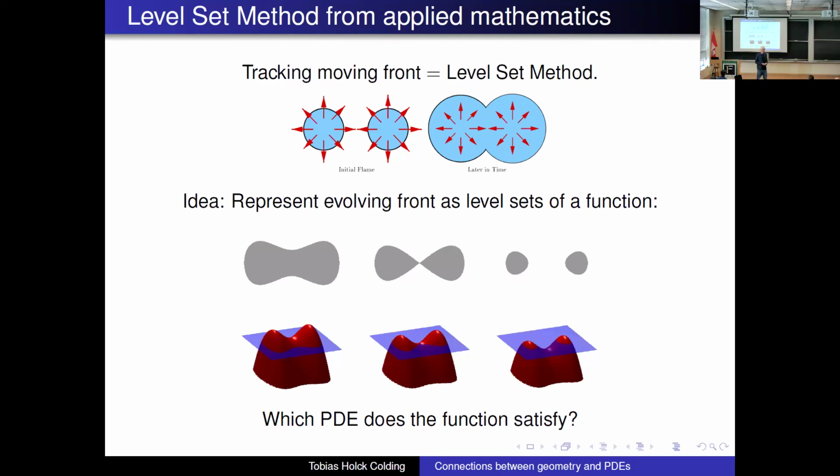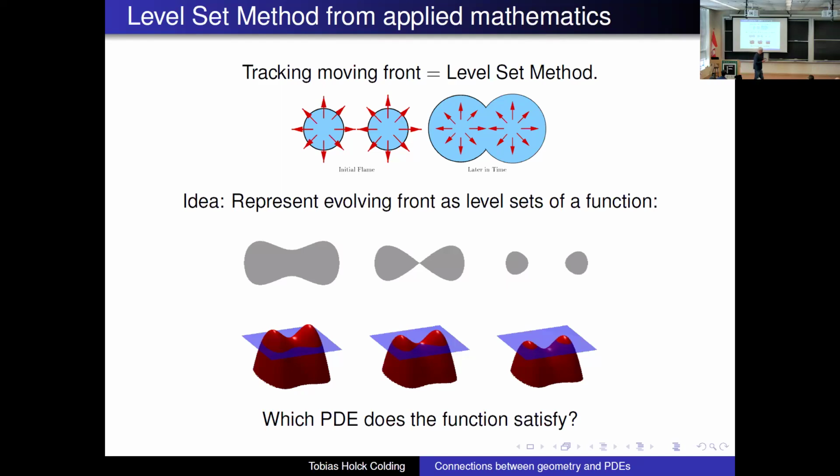And now you require not just that the zero level set evolves by the mean curvature flow, but that all of the level sets evolve by the mean curvature flow. That turns into a PDE on Euclidean space. This is the prototype of the level set method. This is like the poster boy of the level set method.